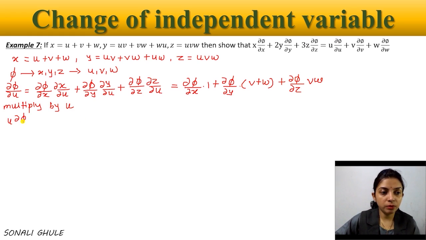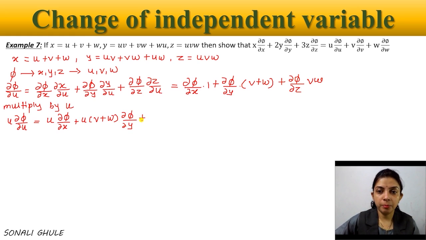So what we get here? u into dou phi upon dou u, that is equal to u into phi with respect to x plus u into v plus w phi with respect to y plus uvw phi with respect to z, right?